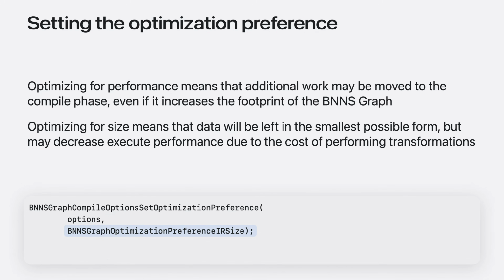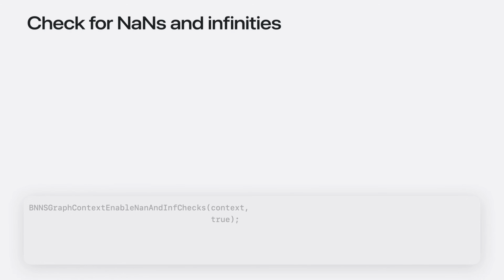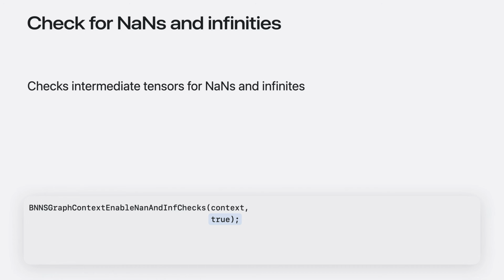Optimizing for size means that data will be left in the smallest possible form, but this may decrease execute performance due to the cost of performing transformations. Another tip is that BNNS graph includes a function that enables NaN and infinity checks. This debugging setting will help you detect issues such as infinities in tensors when 16-bit accumulators overflow. However, you don't want to enable this check in your production code.